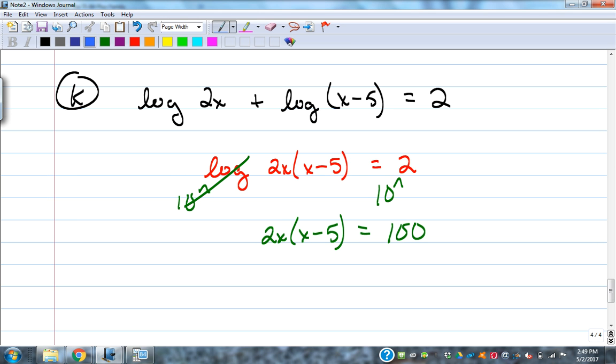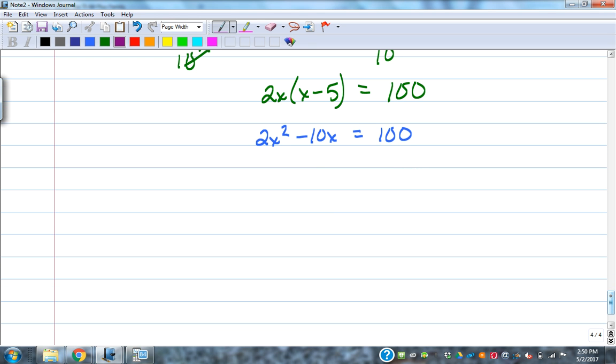Well, Algebra 1 class, we learned about solving problems that had two factors over there. You got to multiply them together. And you get a quadratic because it's got x squared in it. And if you're going to solve a quadratic, what does it have to be equal to? 0. So we're going to move the 100 over. 2x squared minus 10x minus 100 equals 0.